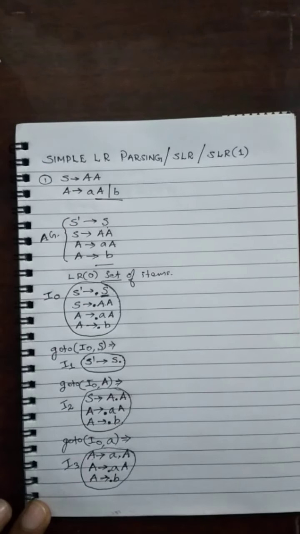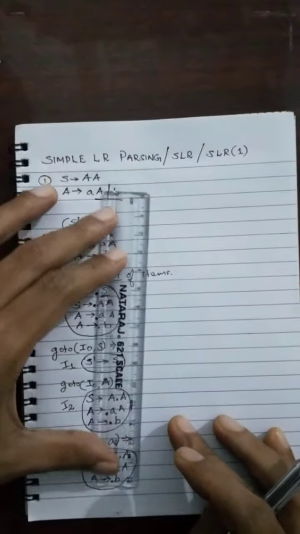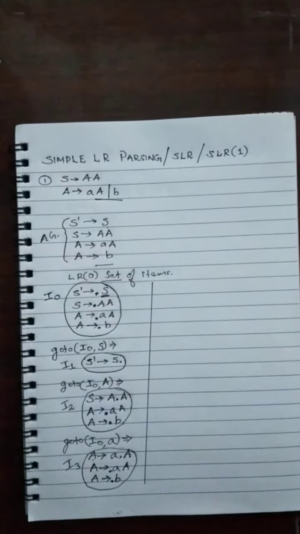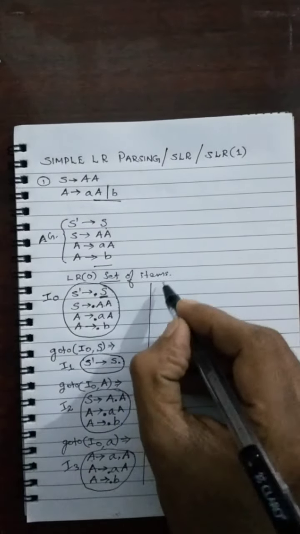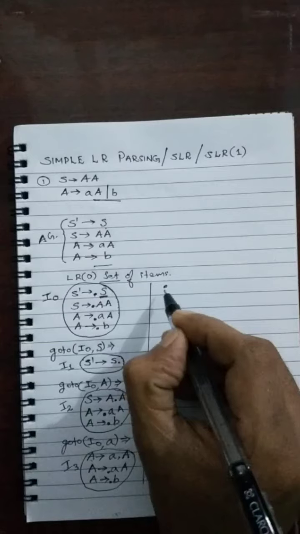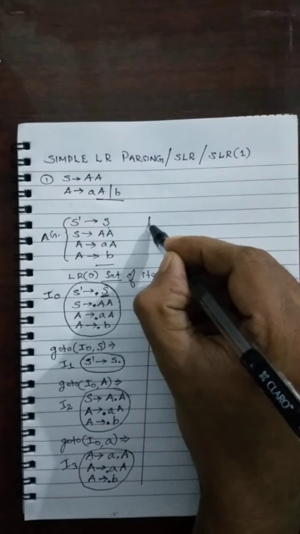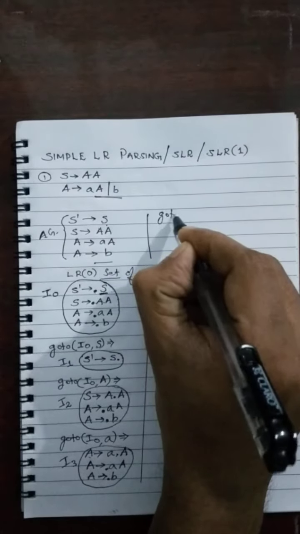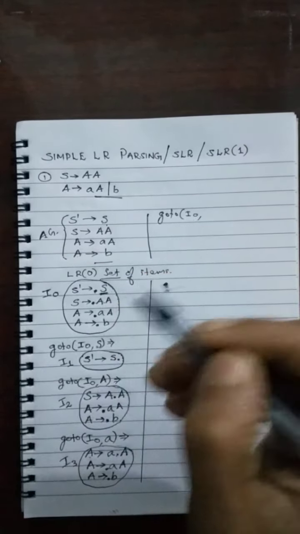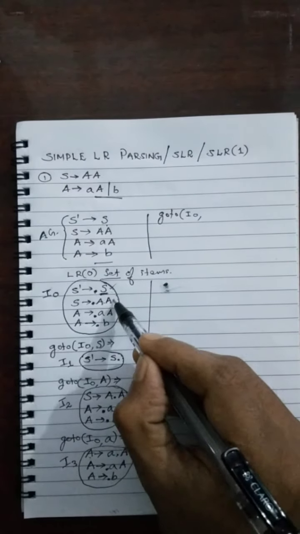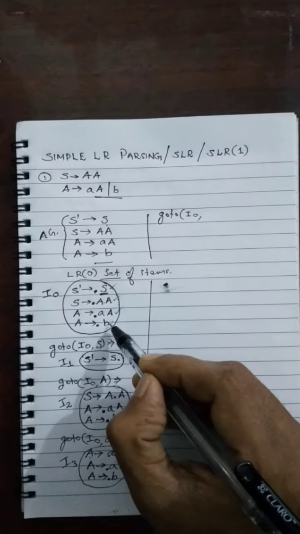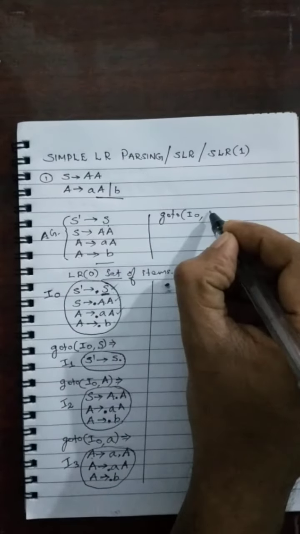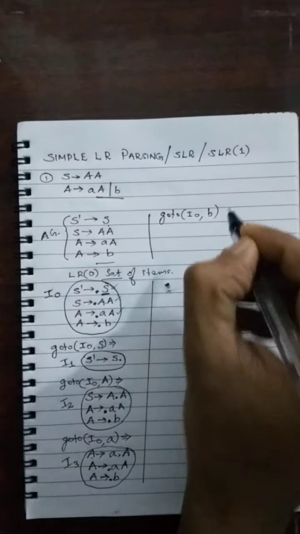Now let me just draw a line so that I can complete things on this single page itself. Okay, so next we'll have go to I0. We have used this production. Now the pending production is A producing dot B. So we are trying to encounter small b.